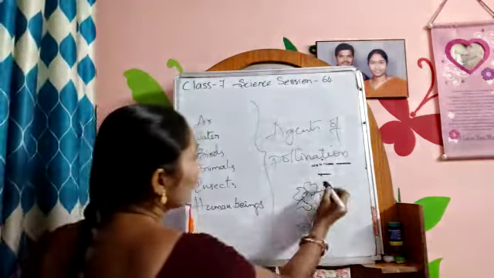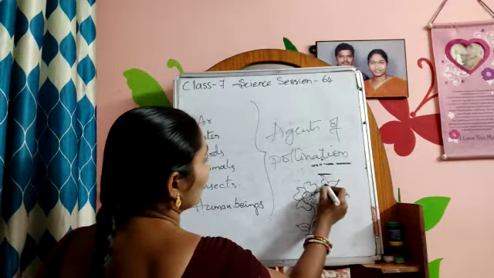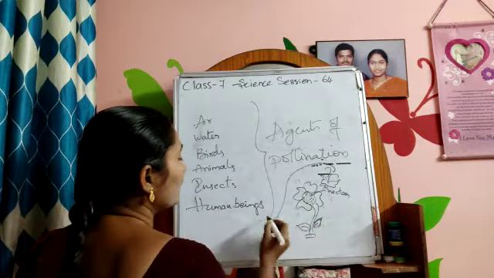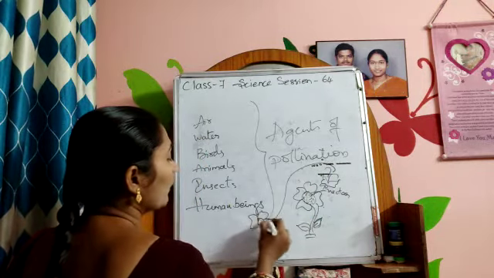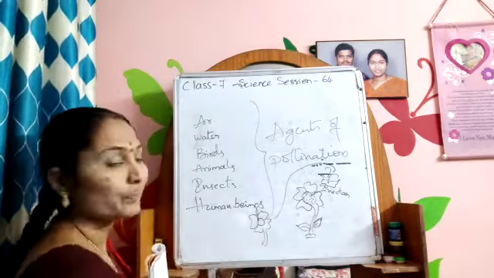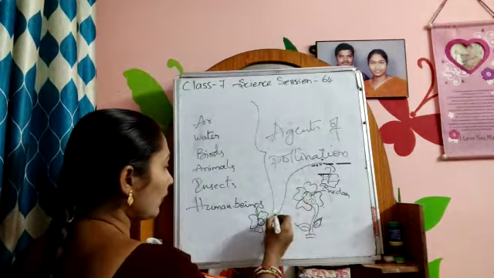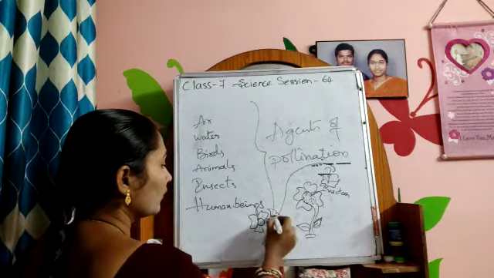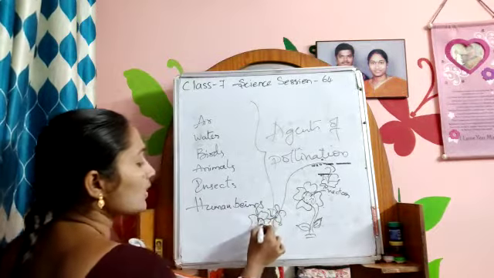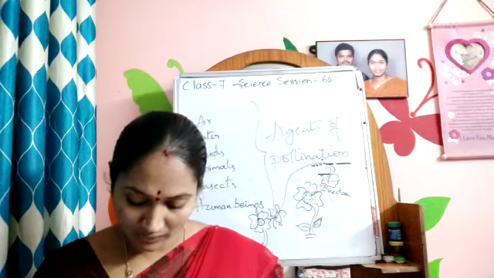So the butterfly from here will fly, and again it will go to another flower. When it comes to this flower, the pollen grains that are stuck to the legs of the butterfly will fall on this flower. So here the pollination occurs.